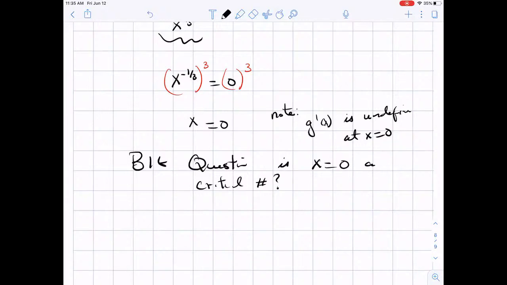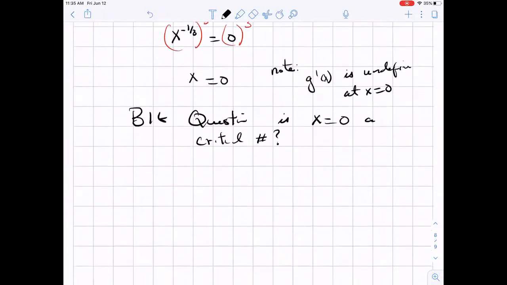Okay. Well, and remember, to find that out, we now check what is g of 0. So g of 0 is 0 to the 2/3 power, which is equal to 0.